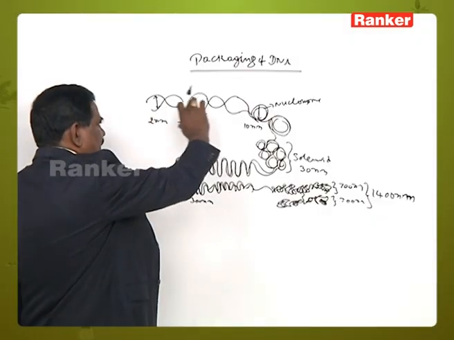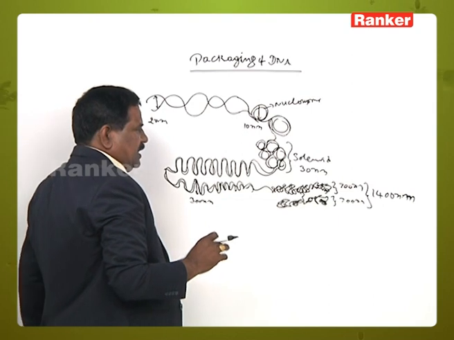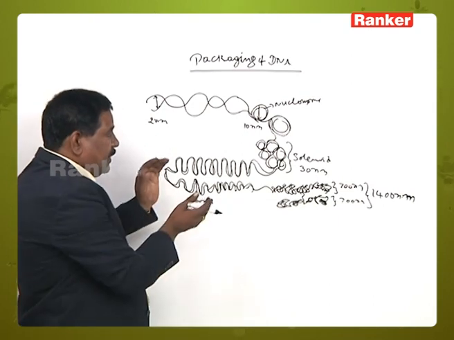So, this 2-meter length of DNA adjusted in the 46 chromosomes is the method of packaging.